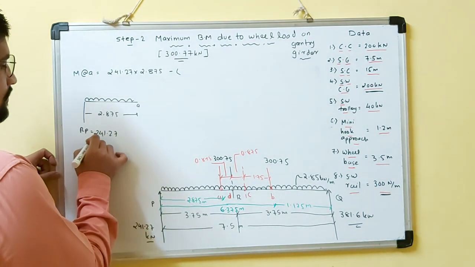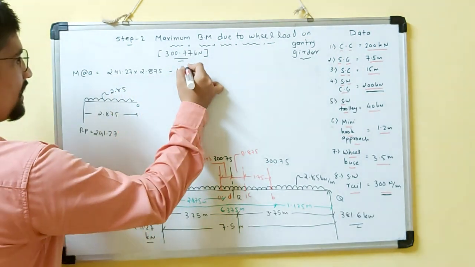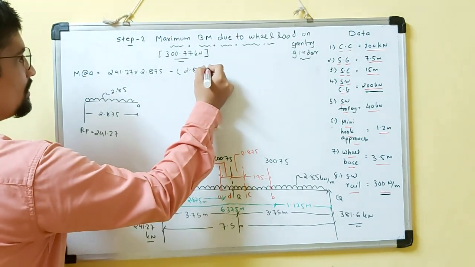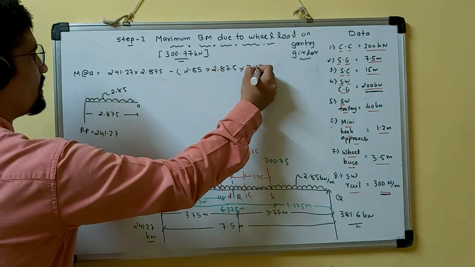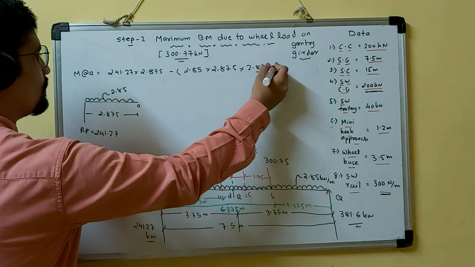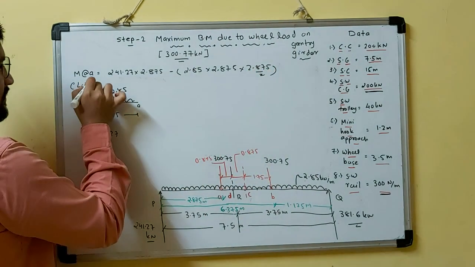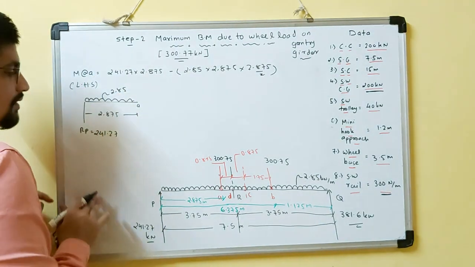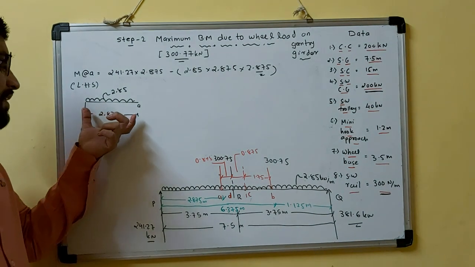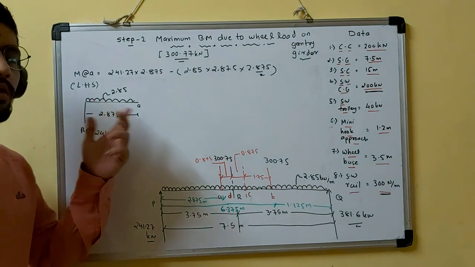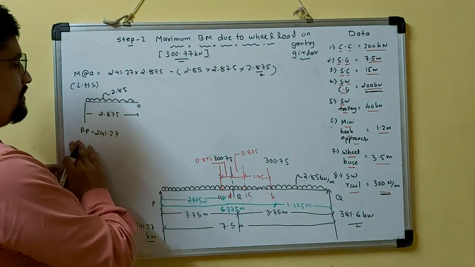So 241.27 into 2.875 minus 2.85 into 2.875 by 2. This is known as the left hand side calculation. Because the UDL is occurring on the entire span, and this much span we have considered, at this much portion also the UDL will occur. That's why we have taken the length 2.875.